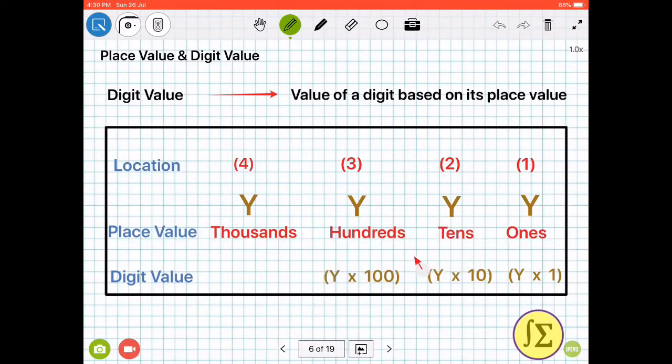The third number is in the hundreds place value. So you multiply that digit by 100. That will give you the digit value. And for the fourth one, multiply that digit by 1000, since it is in the thousands place, to get the digit value.